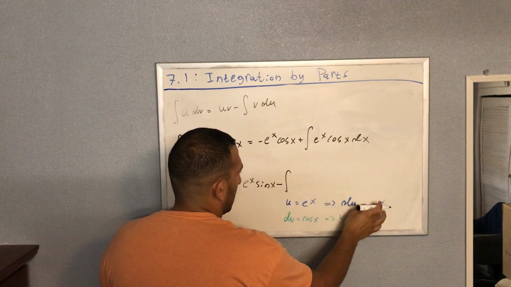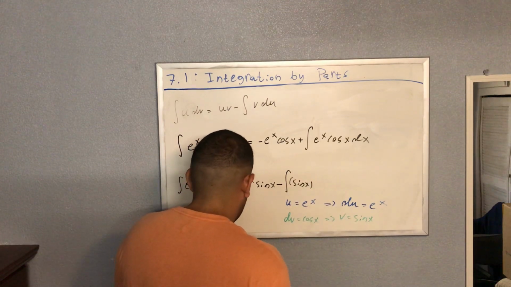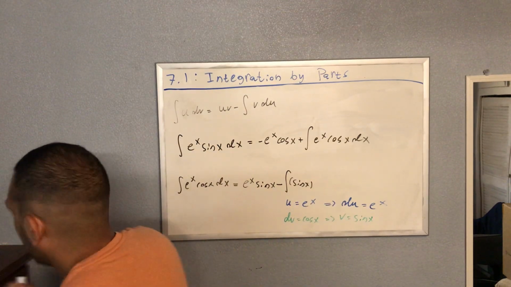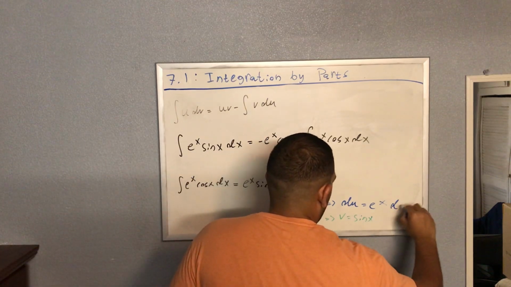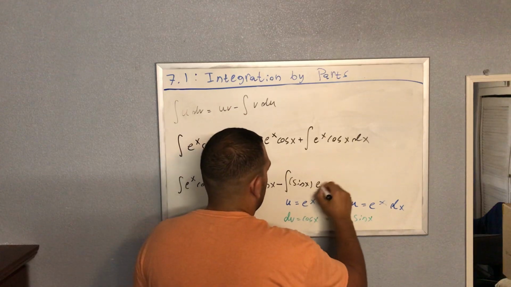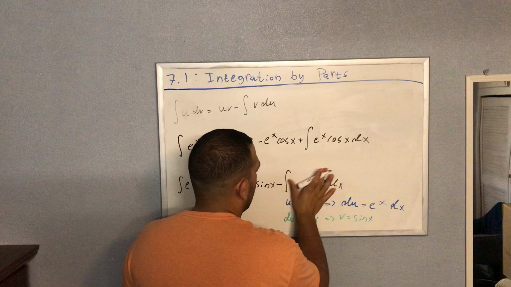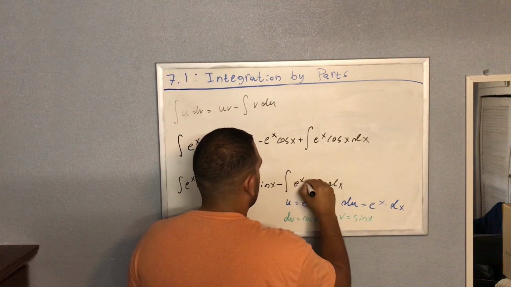So sine x, oh, and I forgot to tack on this dx here, so sorry. Sine x times e to the x dx, which again, we can just flip the order that we write this and write e to the x sine x.